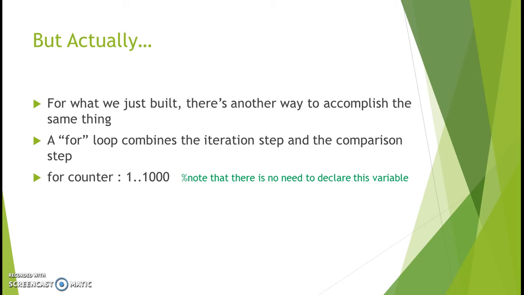So in our case, we can have for counter going from 1 to 1,000, execute our code, end for. And there isn't any need to declare our variable for this type of approach. So a very simple finite loop. Run it 1,000 times and then stop.